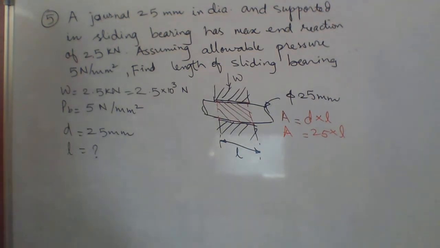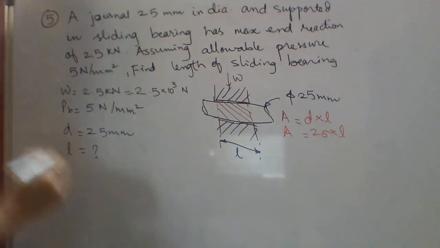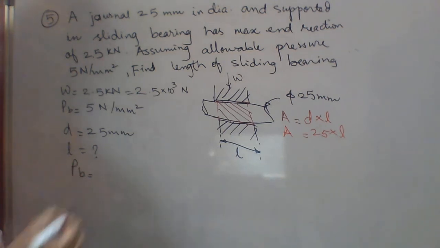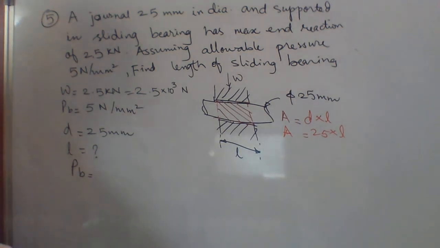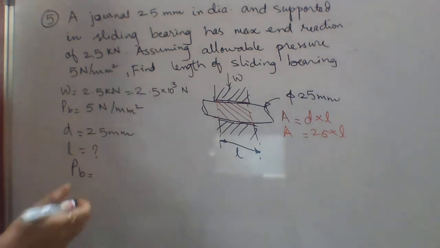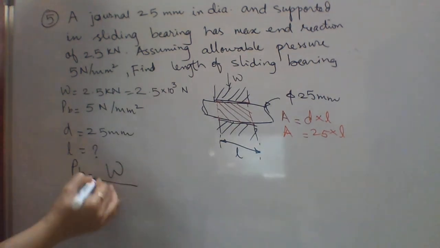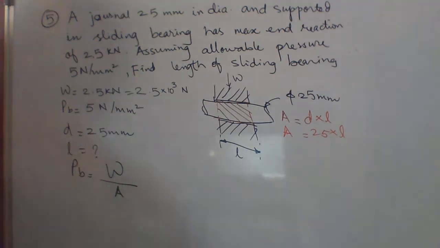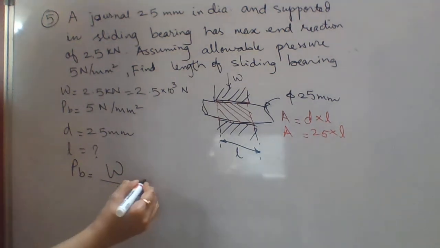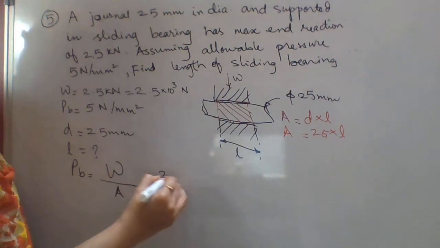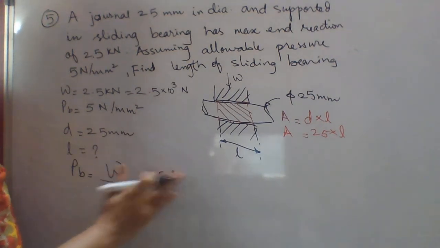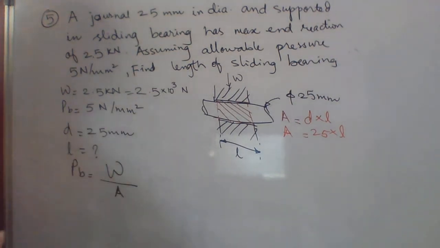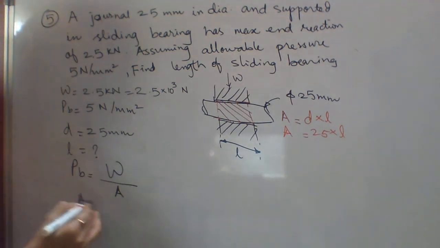Now whatever the pressure or stress, the formula remains the same: load upon area. The bearing pressure is W divided by the area. Since the unknown is in the area, we change the side.